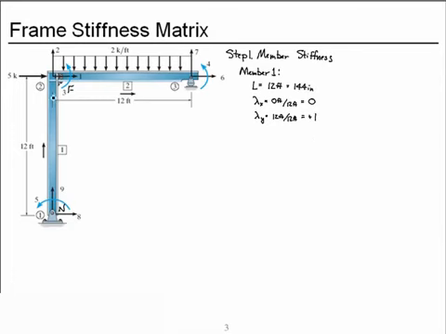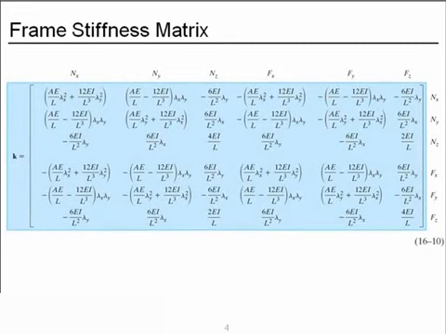For a coplanar frame element, the member stiffness matrix will have 3 plus 3, that is 6 degrees of freedom. So the matrix is 6 by 6, and we can find it written as a formula, equation 16-10 from our text.